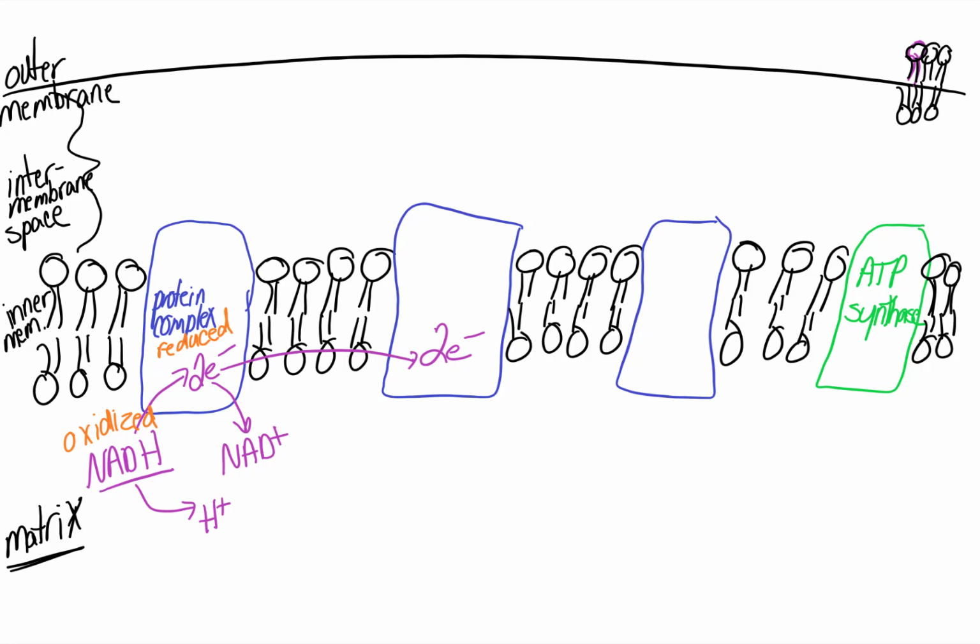So again, through this transfer of electrons, this first protein complex becomes oxidized, and the second protein complex becomes reduced. So when we think about the electron transport chain, and we're just going to abbreviate it ETC, we can think of it as a series of redox reactions.